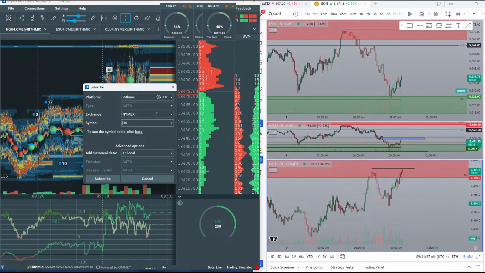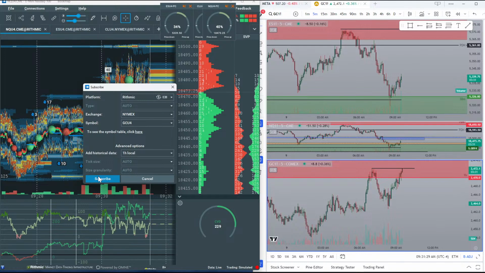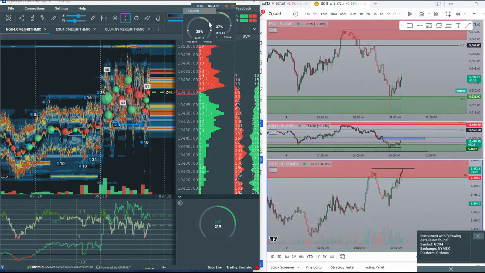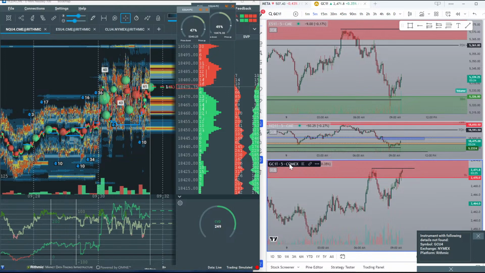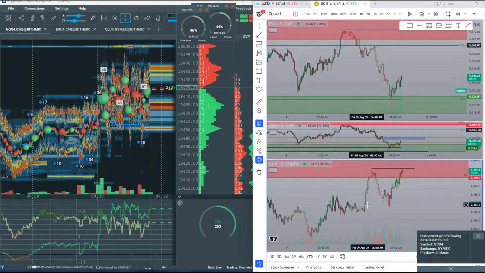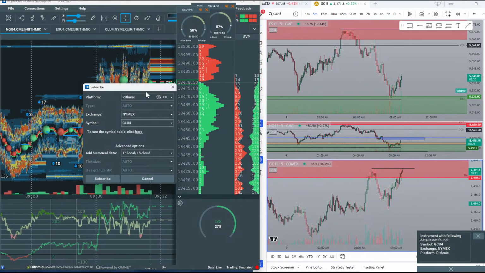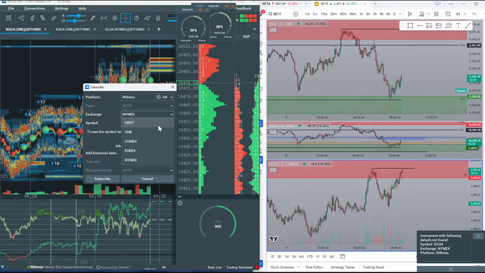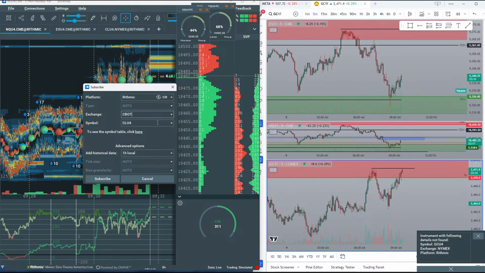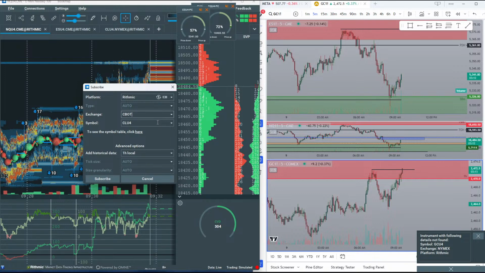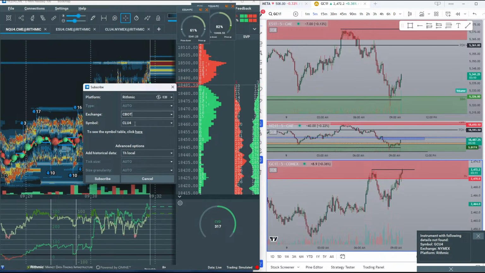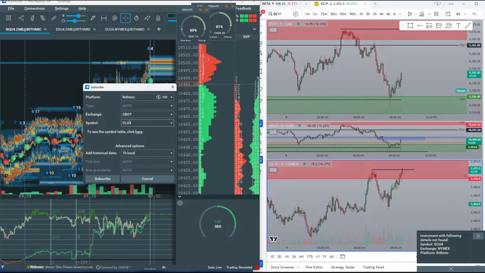gold on Bookmap. Let's see. I should be able to. I just got to get the symbol right. What's gold? I didn't think it was... Is it Zebra? Okay.